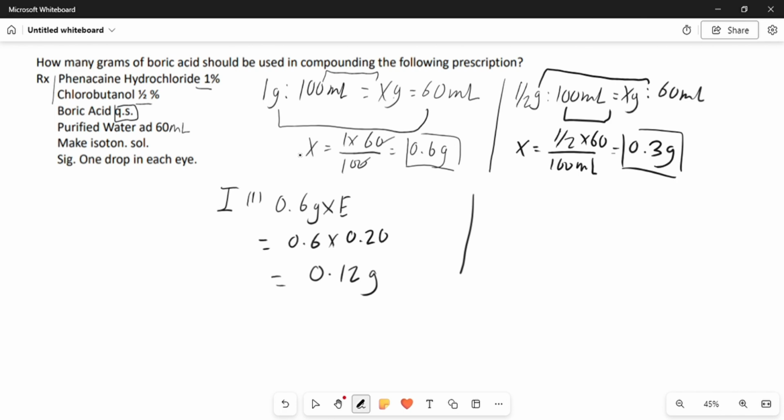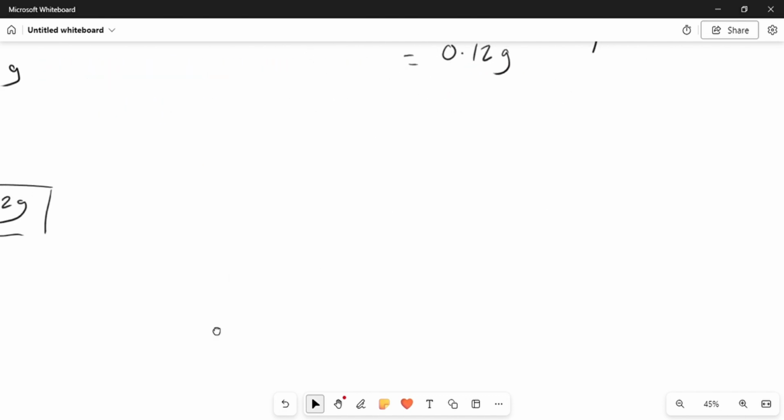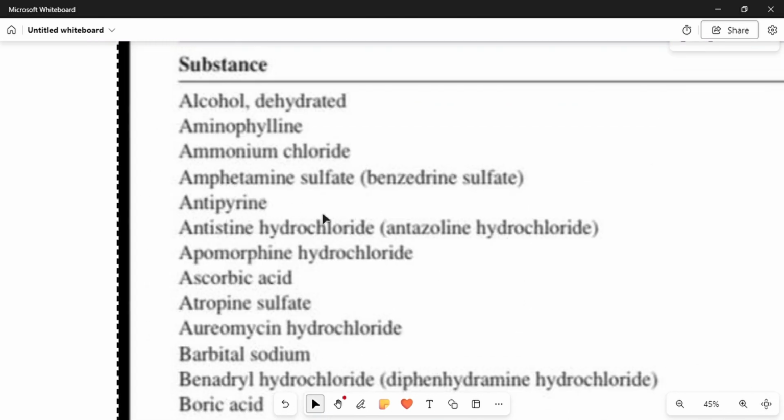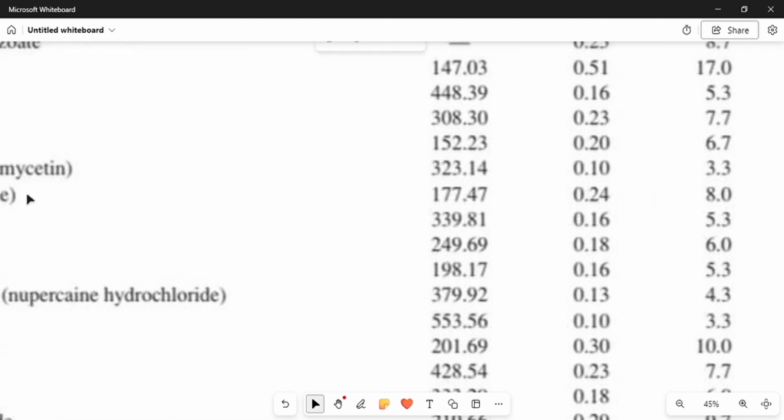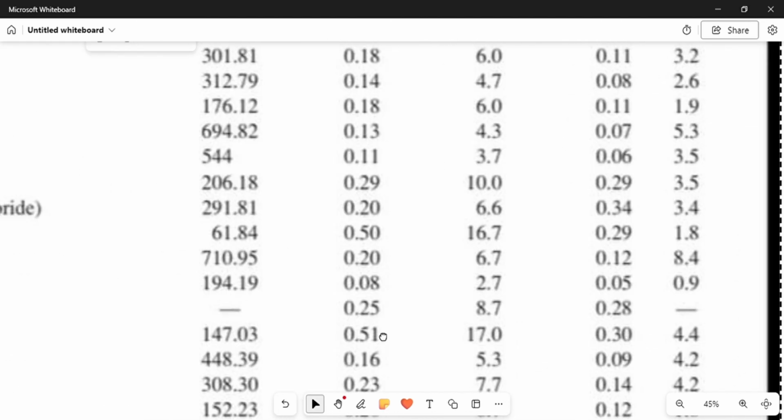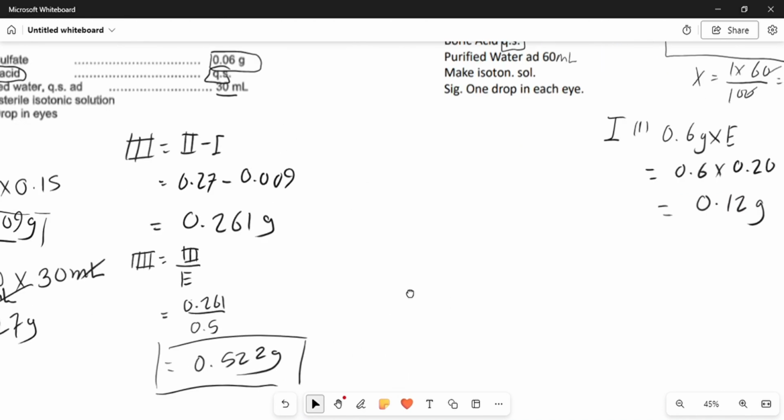As for the chlorobutanol, we have step 1, number 2, is equal to 0.3 grams times its E value. So let's search for the E value of chlorobutanol. Chlorobutanol is here. So chlorobutanol is 0.24.